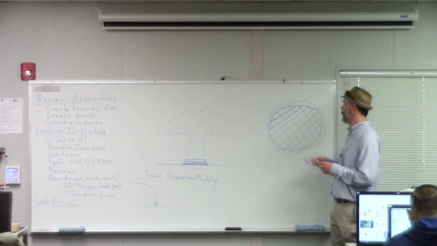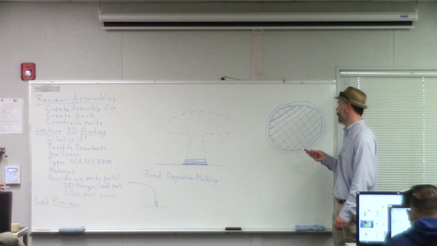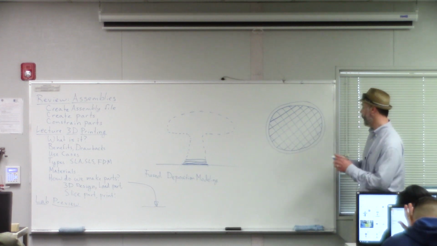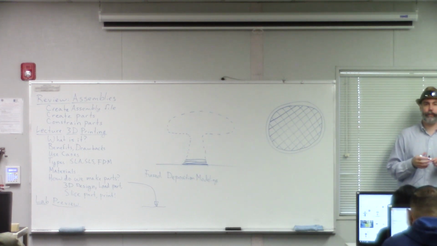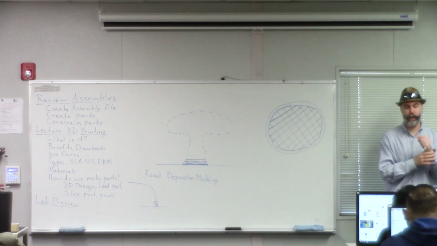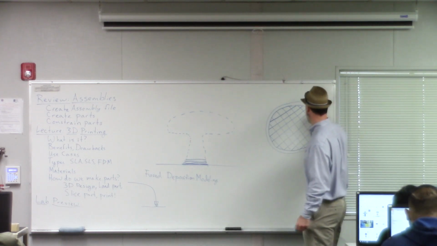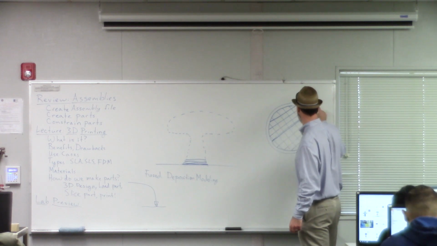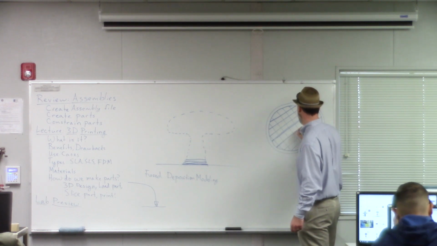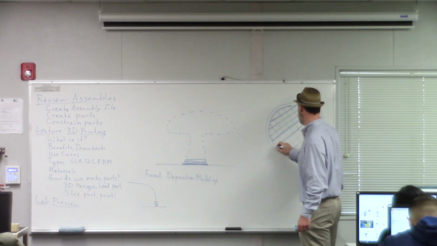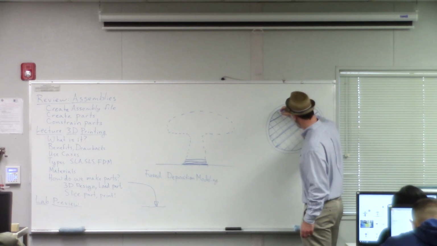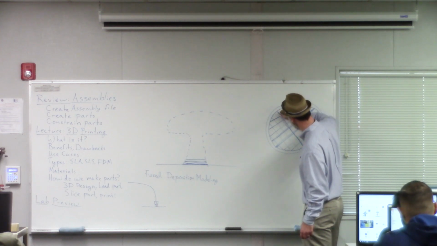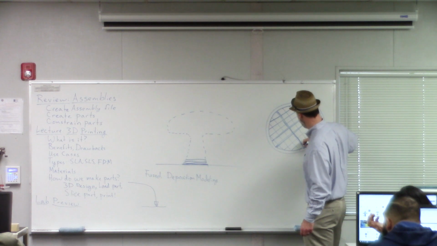You can also specify the percentage that this is filled in. So you could have very thin lines, and this could only be maybe 10% full of plastic if you want your part to be extra light. Or you could say that maybe you want 40 or 50% infill, in which case these lines become very thick, and your part gets much stronger, but it also becomes heavier and it takes longer to print and it's more expensive because it uses more plastic.